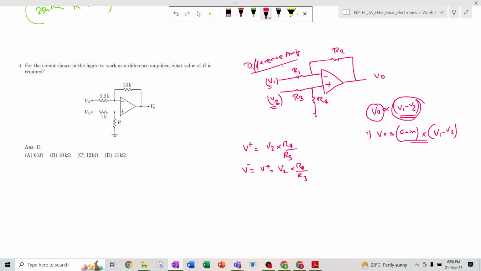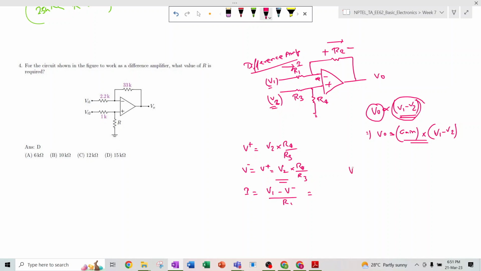There will be some flow of current; if we consider it as I, then I is V1 minus V minus divided by R1. The same current will flow through this terminal, because the current through the op amp is 0.